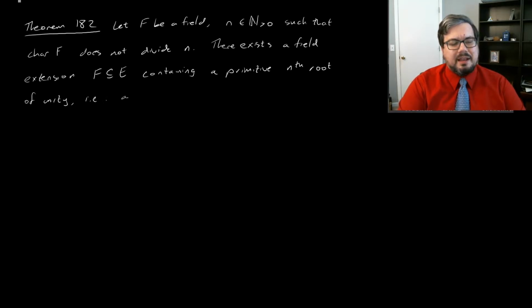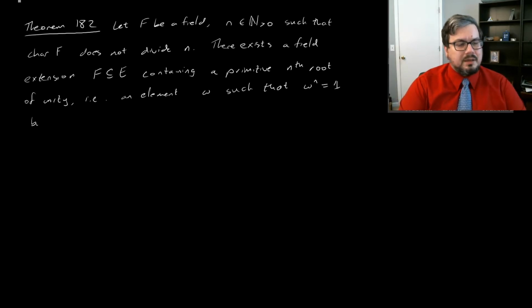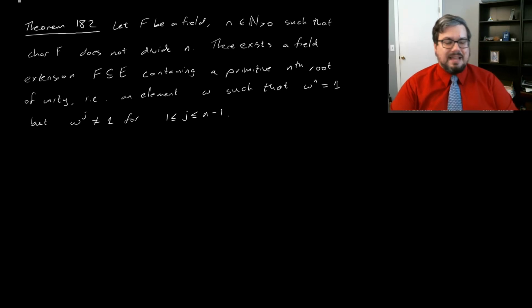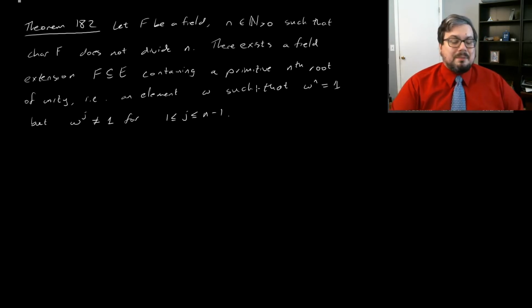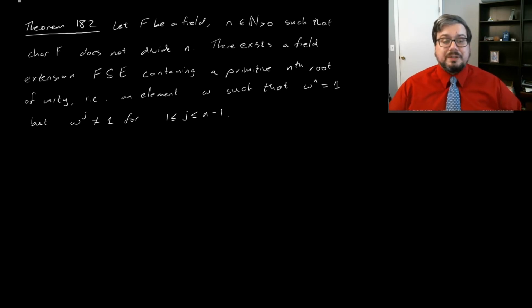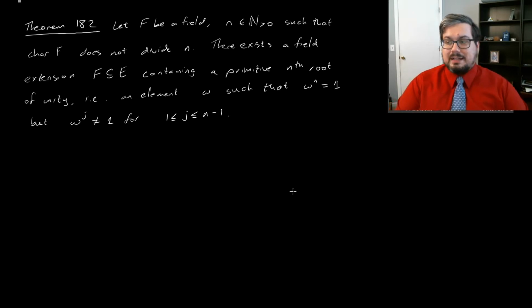That is an element omega such that omega to the n is equal to 1, but omega to the j is not equal to 1 for any j's that are less than n. It turns out that finding primitive roots of unity is going to be very important to what we do next. And so knowing that they exist is going to be important.